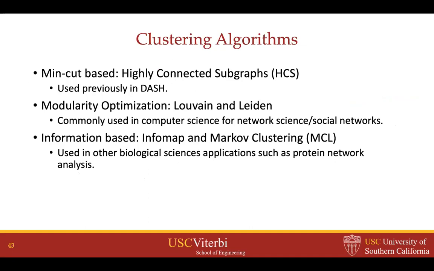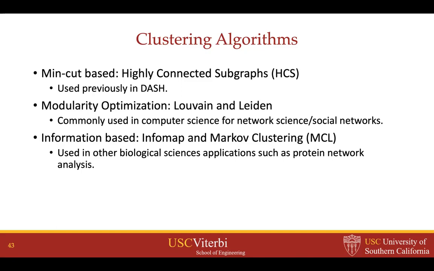We tested 5 different clustering algorithms. The first one was highly connected subgraph, which has been used for IBD mapping and other bioinformatic problems. We also picked Louvain and Leiden because they are not only really fast and scalable, but also they've been used in computer science and other problems with good results.